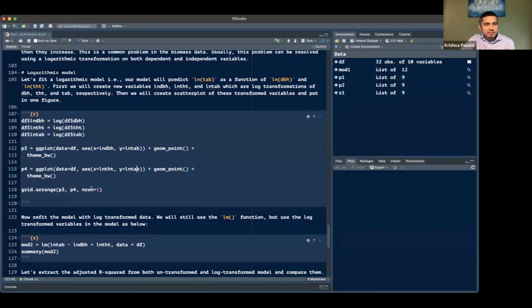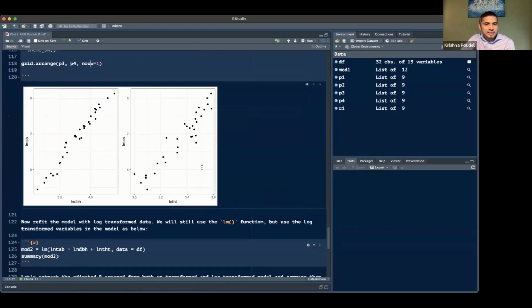And then I will create one row of plots for that data set. Even without the log transformation, the relation between dbh and height, dbh and total above ground biomass, and total height and total above ground biomass was linear, and with the log transformation, it is even more perfect.